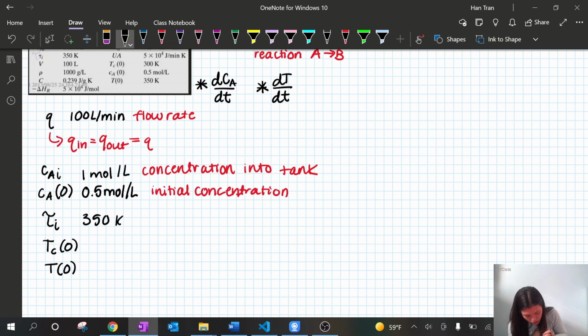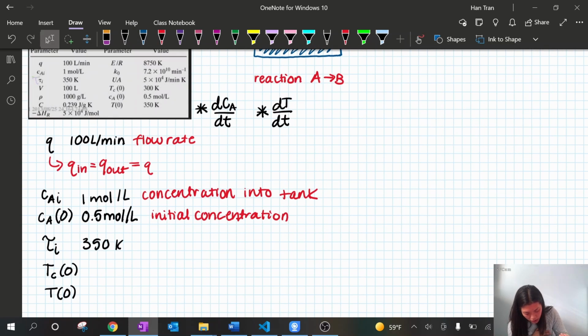Similar to the concentration of 0 here, we can assume that is the initial temperature. So the T I, that is 350 Kelvin, would then mean that it is the temperature into the tank, which would make this TC of 0, that is 300 Kelvin, some initial temperature.